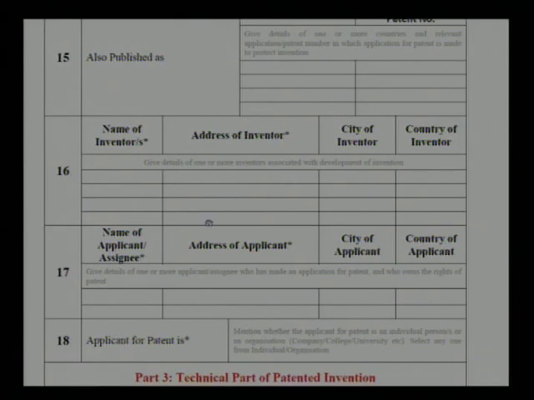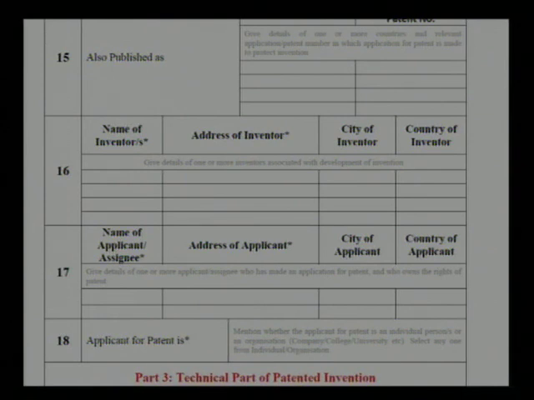And the applicant is the one who makes the application to get that patent. In the case of students, if a group of students comes up with a new idea or new patent, they can file the patent as individuals too, if they have enough money and financial sources.